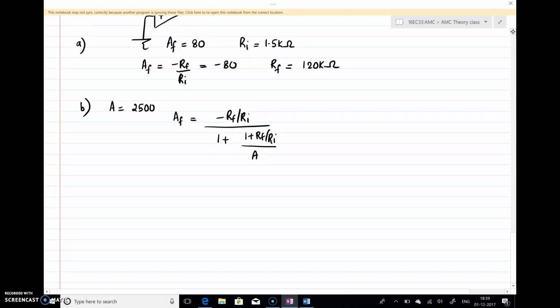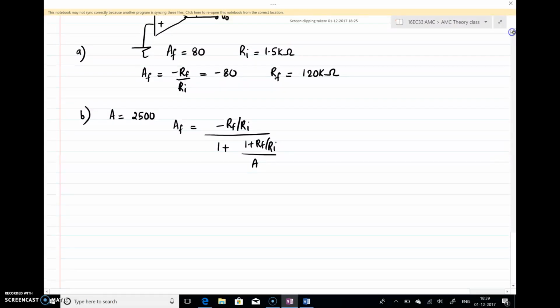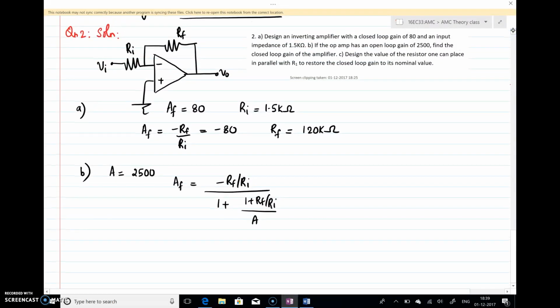Now the question is to find the closed loop gain of the amplifier. You should find AF if A is this value. So AF is equal to minus 80 divided by 1 plus 80 by 2500, that is 81 by 2500.